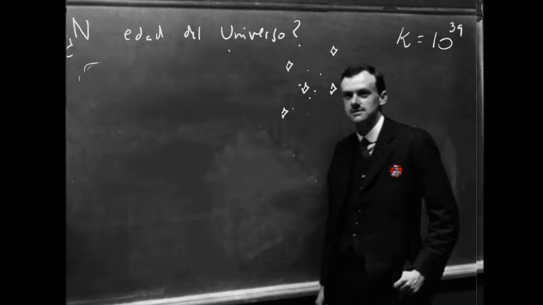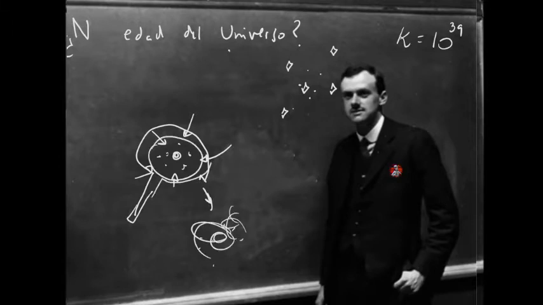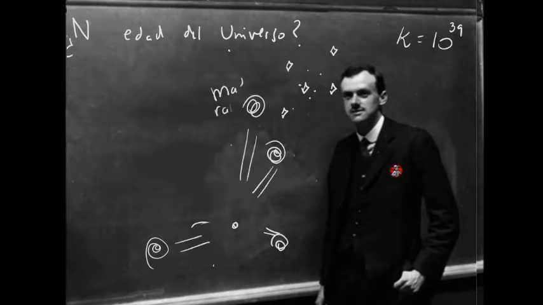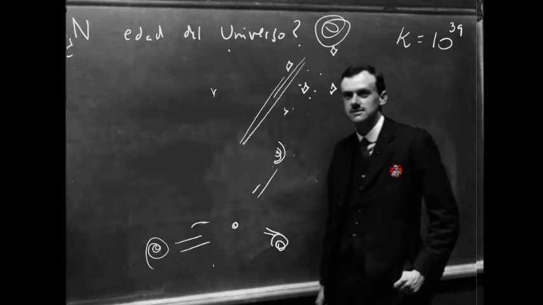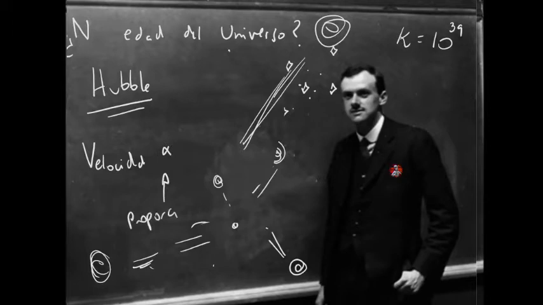The universe started quite small, or perhaps even as a mathematical point, and there was a big explosion, and these objects were shot out, and the ones that were shot out fastest are the ones that have gone the farthest from us. That explains the relationship, Hubble's relationship, that the velocity of recession is proportional to the distance.